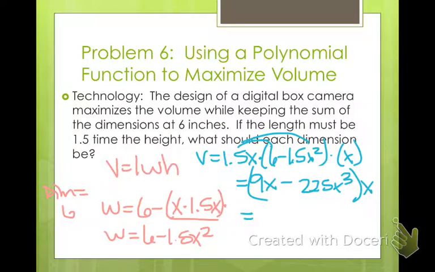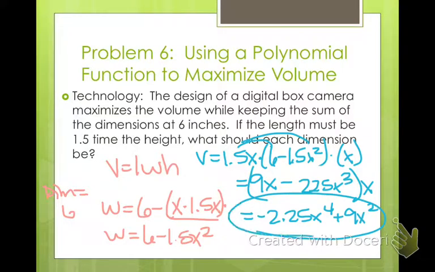So I get negative 2.25x to the 4th plus 9x squared. Now in order to find my possible solutions, I'm just going to go ahead and graph it and put it into my y equals and find my zeros. So go ahead and do that.